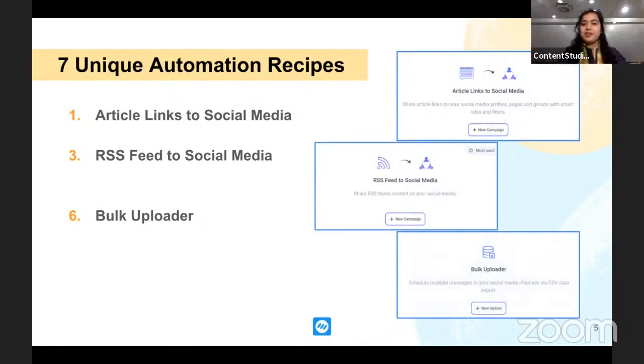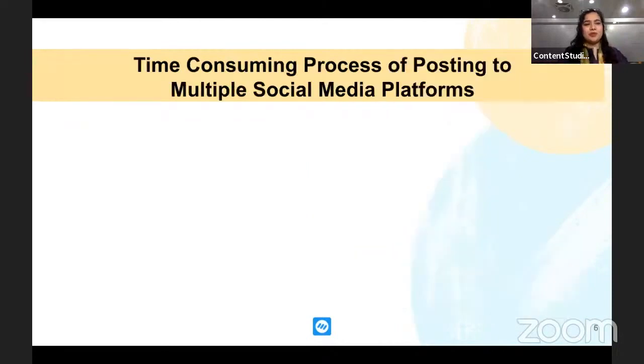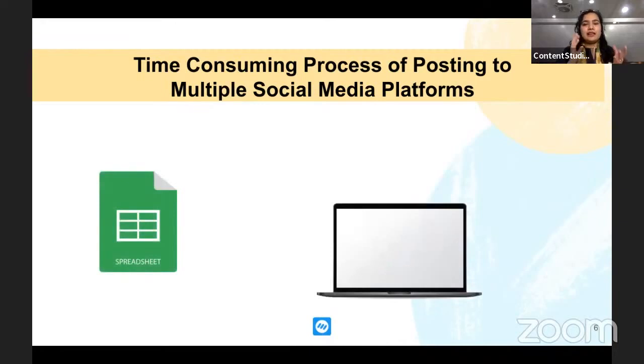Before we start explaining how these automations can help you, let's first go over how time-consuming the process of posting multiple content on multiple social media platforms is. Here's a scenario. You've got a lot of pre-prepared content ready to be scheduled. You create an Excel sheet and you put all of that content in there.